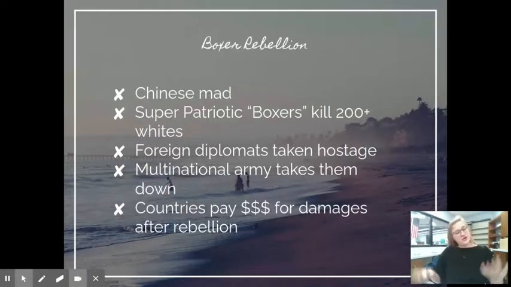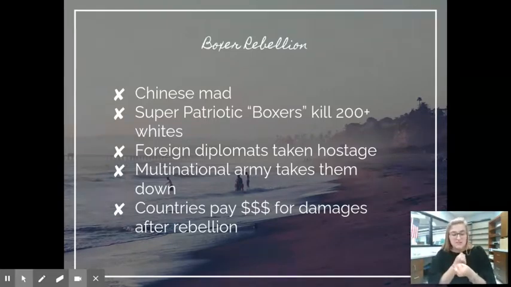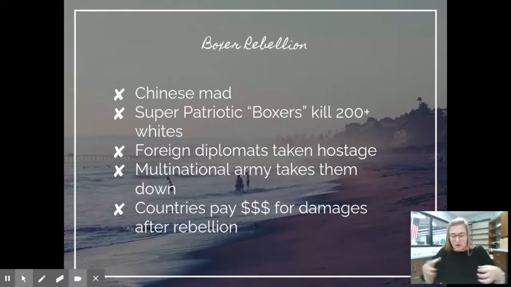And the super patriotic group of Chinese men called the Boxers just ravage a white missionary town where 200 plus missionaries and other whites living in Beijing are killed, and foreign diplomats are taken hostage. And so a bunch of countries come together, a multinational force are brought in to put down the rebellion.